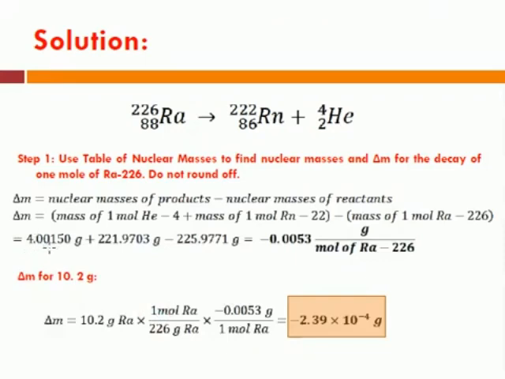So, add 4.00150 plus 221.9703. Then subtract, minus 225.9771 grams. So, you will get negative 0.0053 grams per 1 mole of Ra-226.